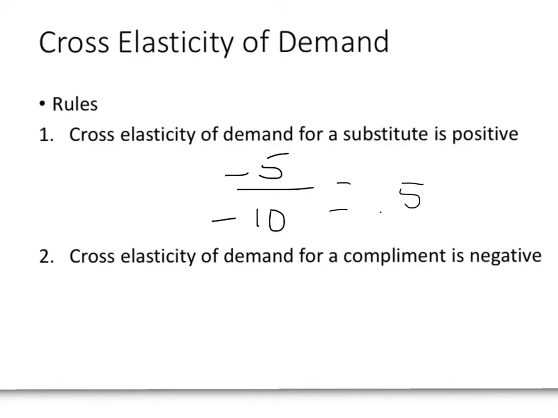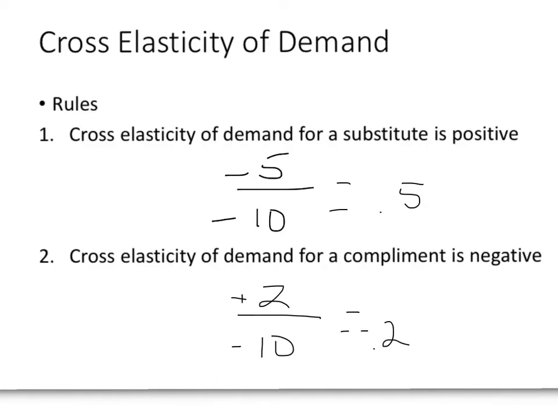Okay, so for example here, when the price of a soda falls by 10%, okay, so we have a negative 10%, right, because it went down, the quantity demanded of pizza increases by 2%, and that's going to be a positive 2, right, giving us a cross elasticity of demand of negative 0.2.